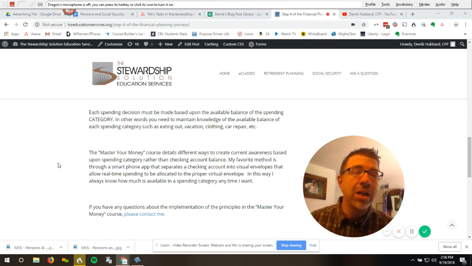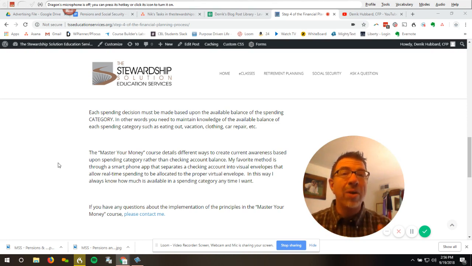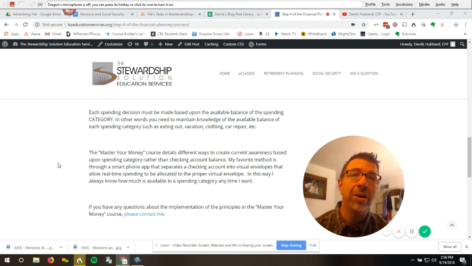So your tool needs to visually separate categories, whether they're cash and envelopes or whether they're a virtual envelope. Whatever system you use, it has to visually separate your categories so you can see them one by one by one. You can't control a category unless you can visually see it being separate from another category.